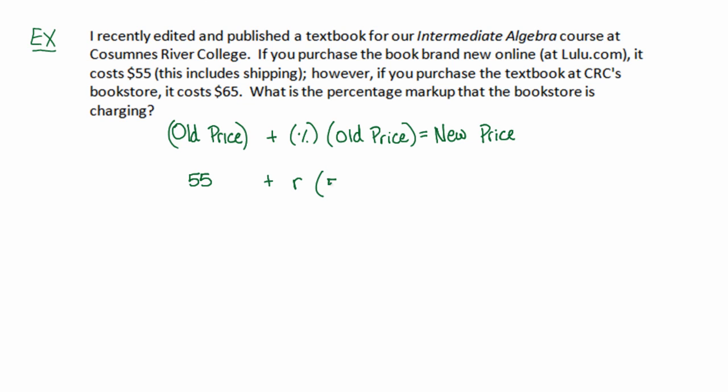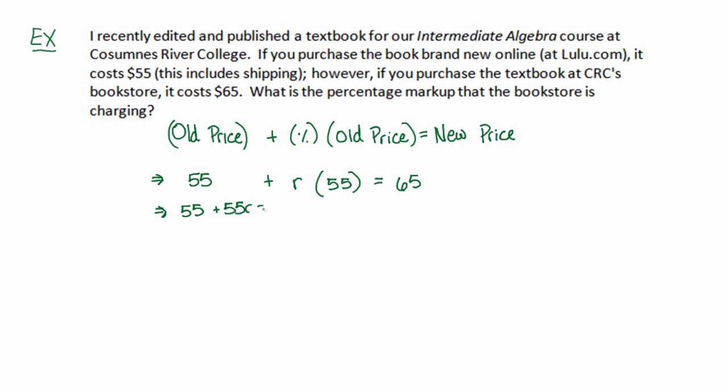Certain percentage of that old price, and it's going to become the new price, which is $65. Technically, this is not written in a very nice format. You usually write 55 before the R. In other words, the numerical value is always written prior to the variable. So maybe I'll clean that up as an additional step here.